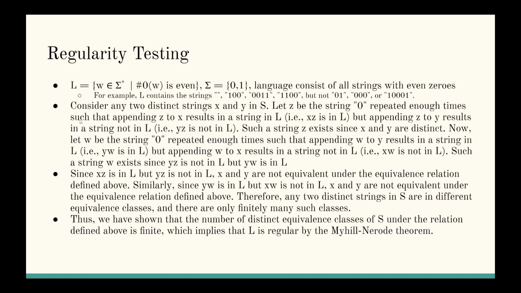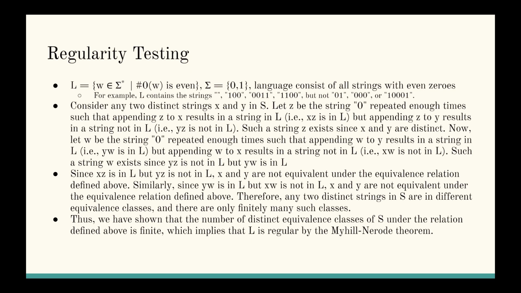So let's use the same example from the previous slide, and consider any two distinct strings X and Y in S, and let Z be the string of 0 repeated enough times so that appending it to X results in a string in L, but appending that same string Z to Y results in a string that is not in L. Such a string Z exists since X and Y are distinct.